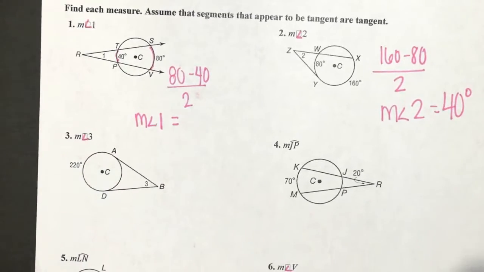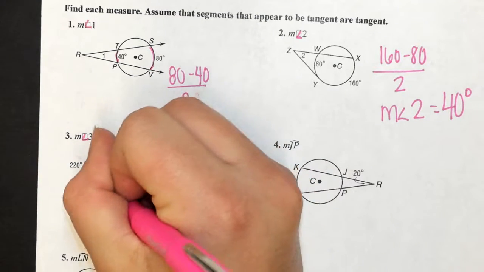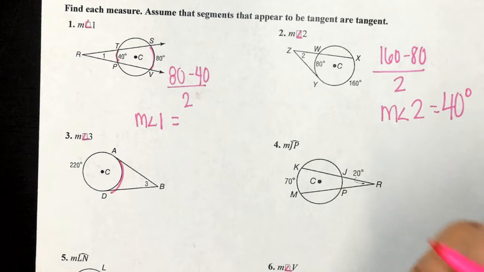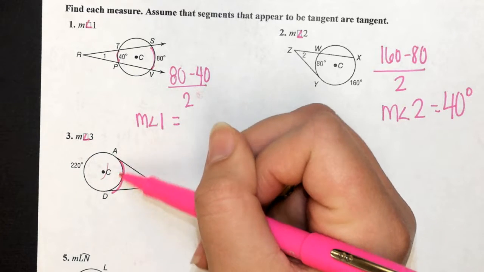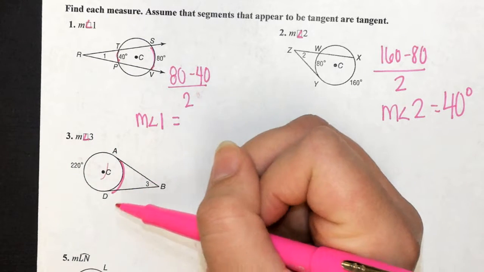All right, 3 is different. What do I not have? The small arc. I don't have AD, but can I find it? Yes, good. Pay attention because this whole thing is 360, but I'm not even finding arc AD. I'm finding angle 3, but I know this whole circle is 360 degrees.